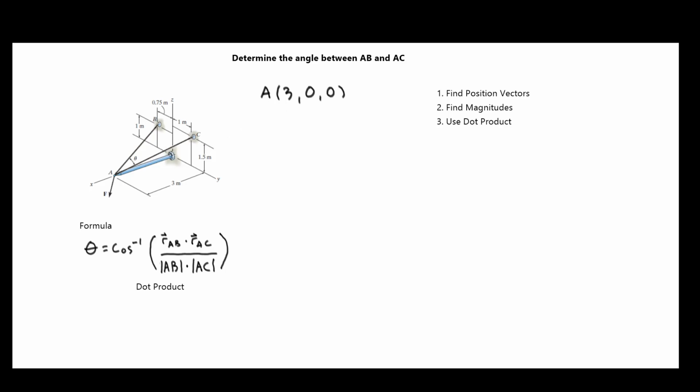If we take a look at point B, it's not going anywhere on the x-axis, but it is going in the negative direction in the y-axis and in the positive direction in the z-axis. So it's going to be 0, and a negative 0.75 here for the y-axis, and a positive 1 in the z-axis.